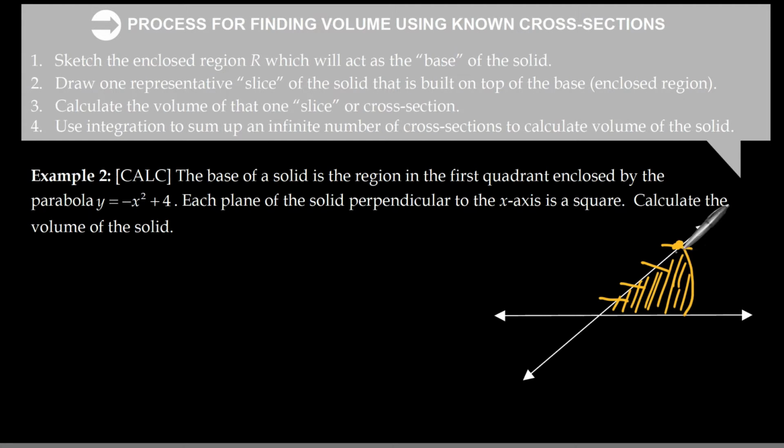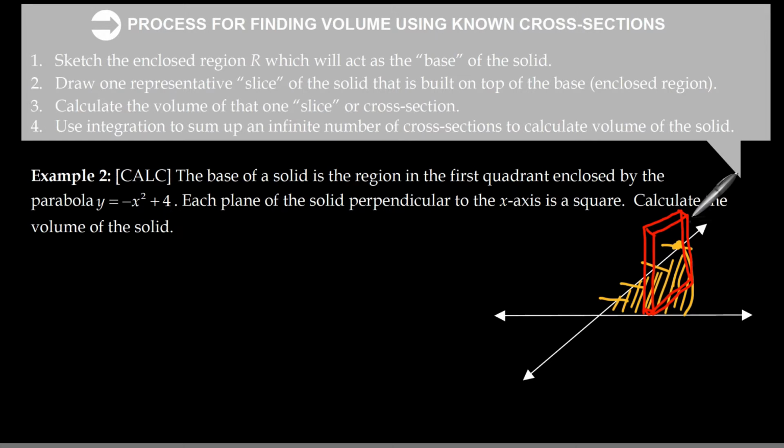Now, on top of that, we want to build a square. I'm not the best artist here, but I'm going to draw one square prism here, and hopefully you get the idea.